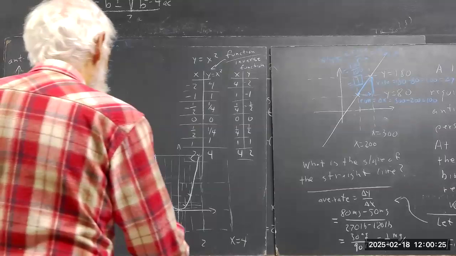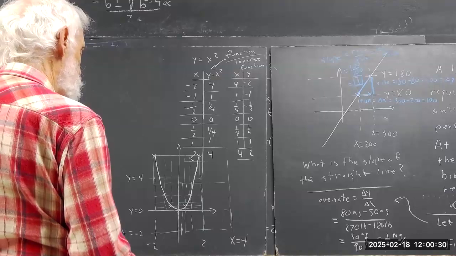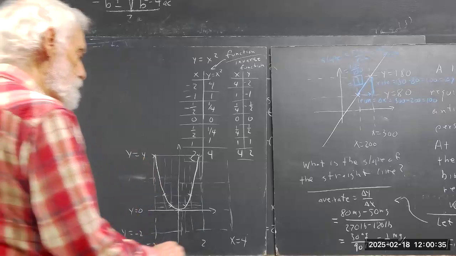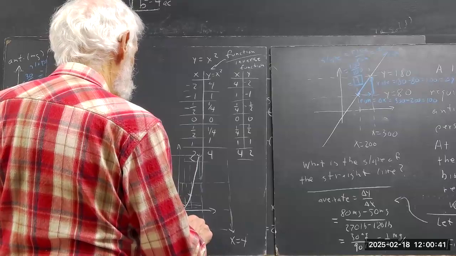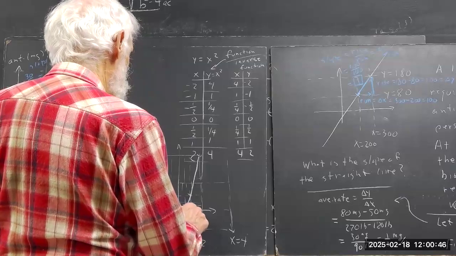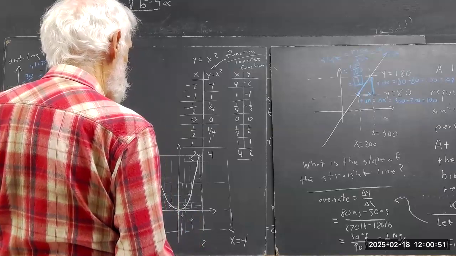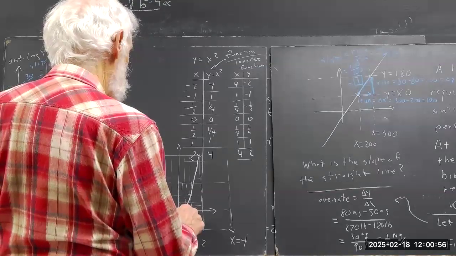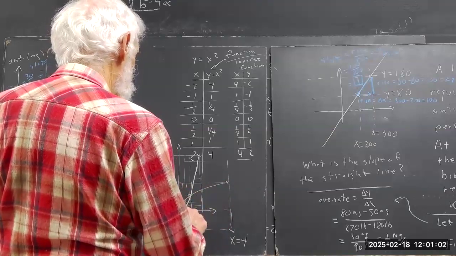Here's y equals -2. So we're gonna have this point. Then we're gonna have a point here, point here, a point here, a point here. Wait a minute. Point here, and the graph is gonna look like this.